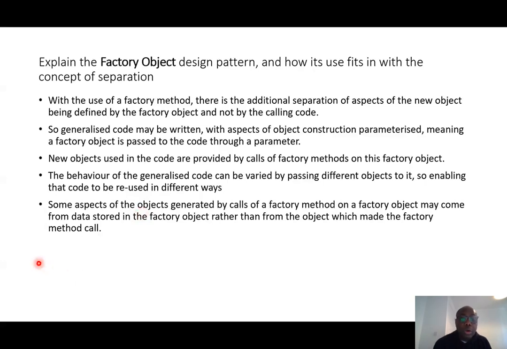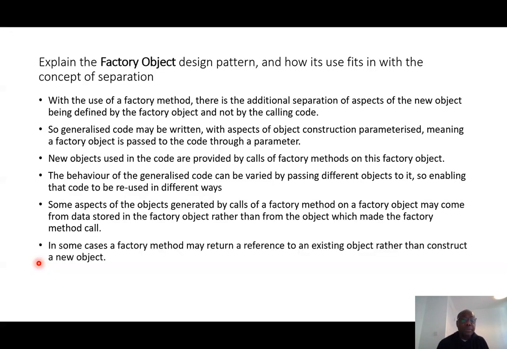Some aspects of the objects generated by code of a factory method on a factory object may come from data stored in the factory object rather than from the object which made the factory methods. So you can see that you have a variety of ways to actually pass parameters. In some cases, a factory method may return a reference to an existing object rather than construct a new object.